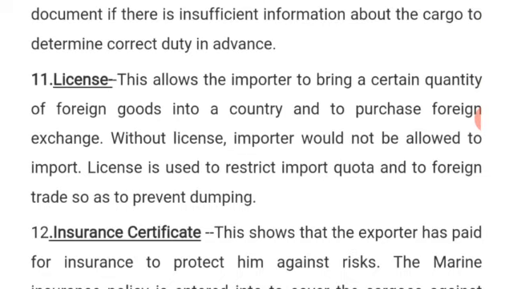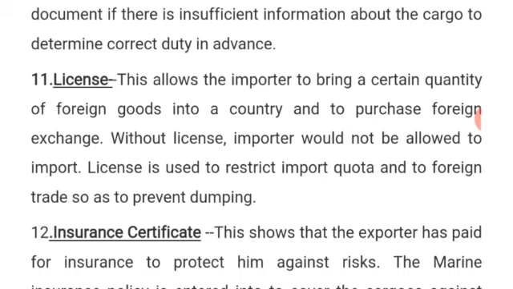If an importer or exporter has a license, he is going to be allowed to take part in foreign trade. Not only that, he is going to be able to purchase foreign exchange.